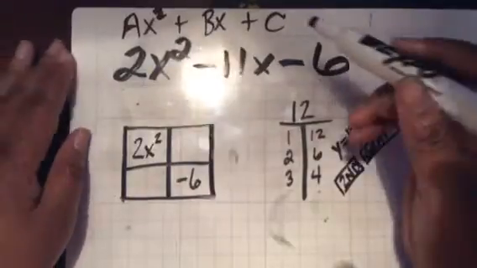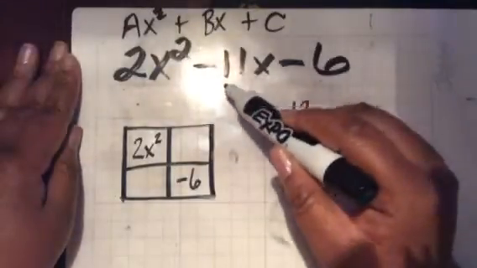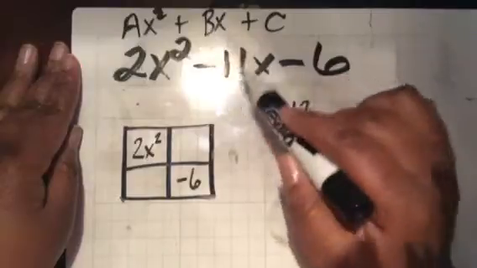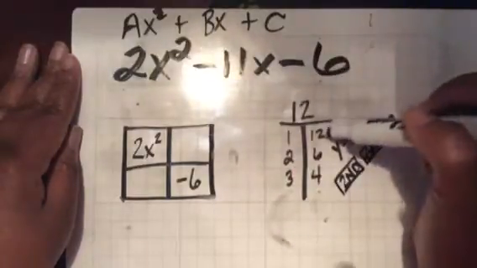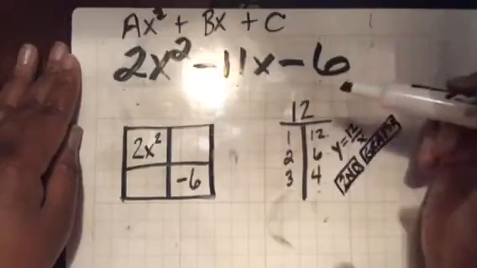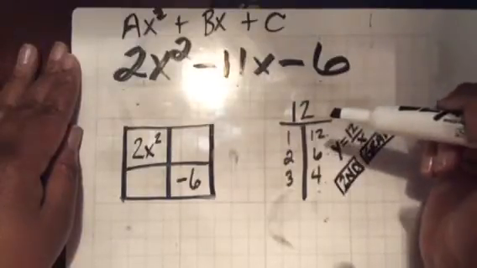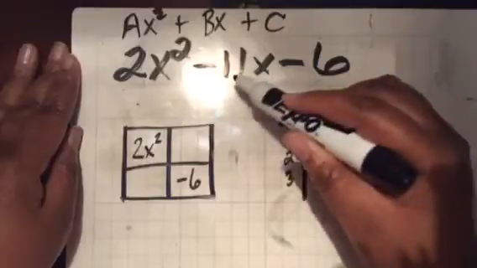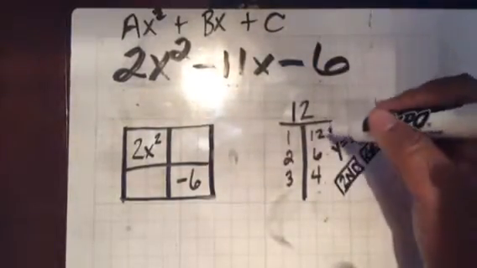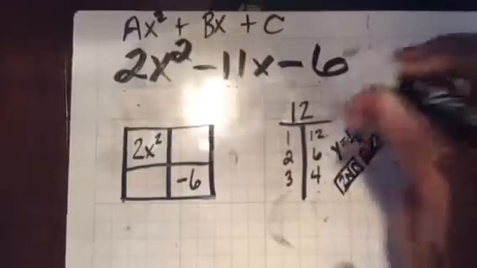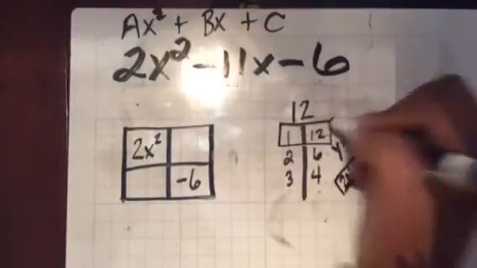Now, we are trying to arrive at b, the negative 11. Which set of factors will add or subtract to give you a negative 11? Well, you can do 12 and 1. So here are our winners.